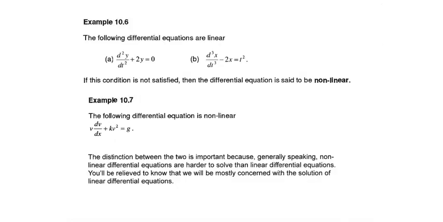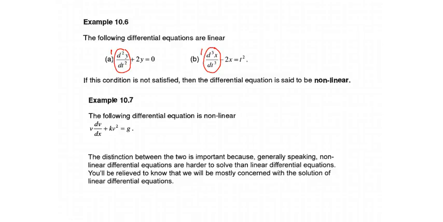So first of all we're naming the order. Next we're naming whether it's going to be a linear or a non-linear equation. What I need to do is basically get my highest order derivative such that it's got 1 in front of it. Yeah, so there's no other terms here. Then I can examine the equations I've got.